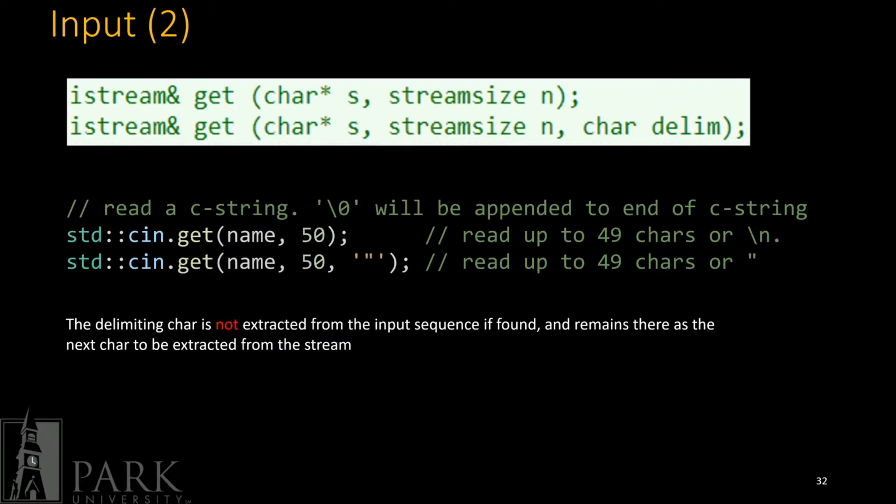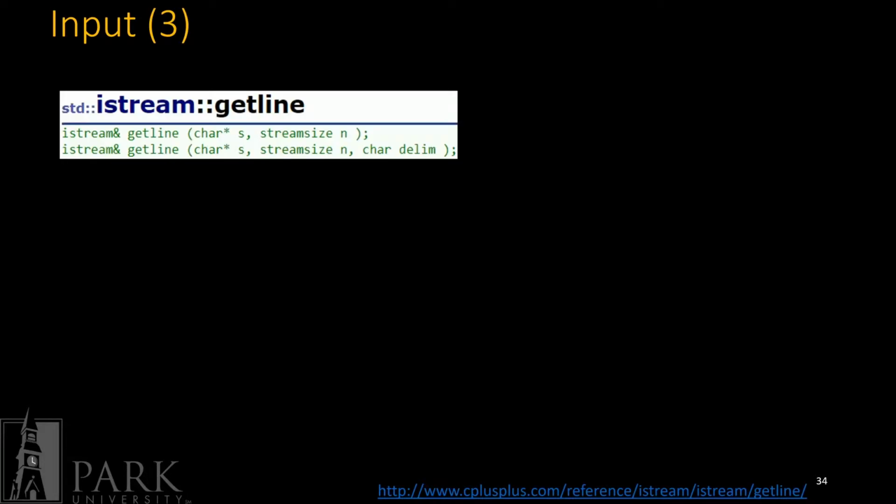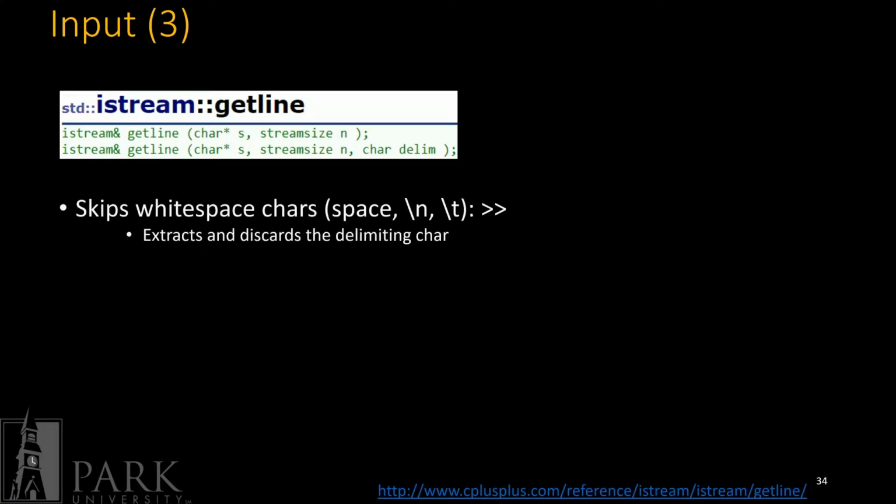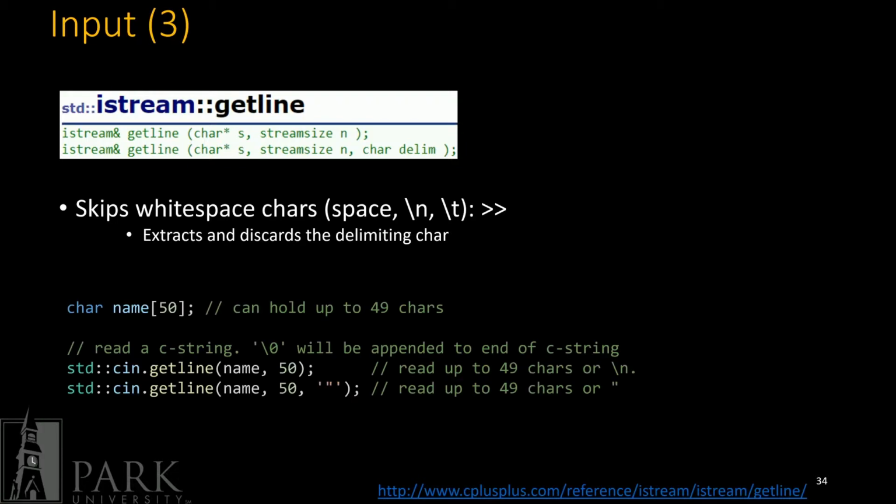We also have a third option for getting text, and that is the getline function. The getline member function of istream would be a better choice, as it extracts and discards the delimiting character. So here's an example of using the getline function. We've got our name.